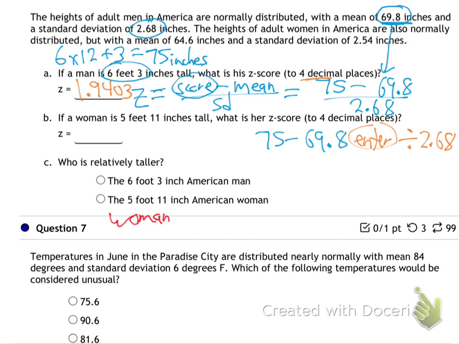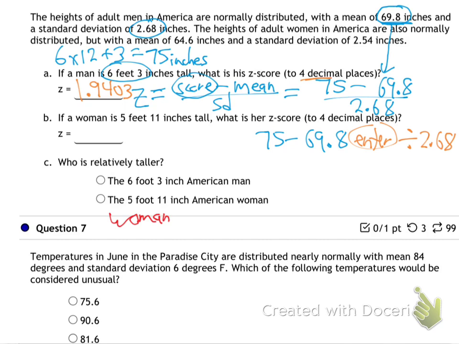And by the way, what does that 1.94 number mean? Let me give you a feel for that. That means the man is almost 2 standard jumps above average. He's quite a bit above average in height. He's not just average. He's not just the typical. That's standard deviation jumps from the middle. That's what z-score means.